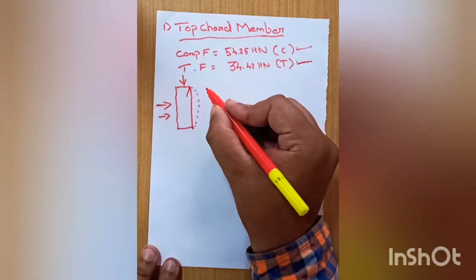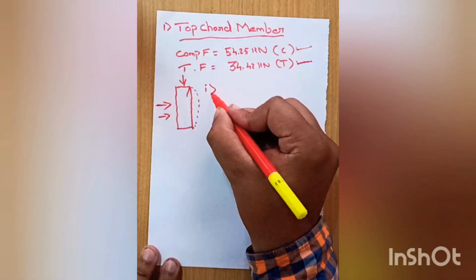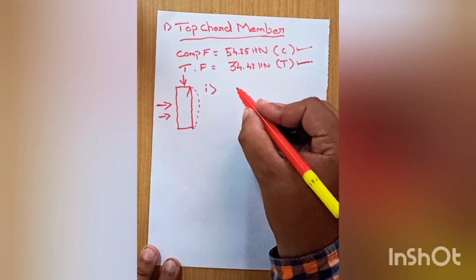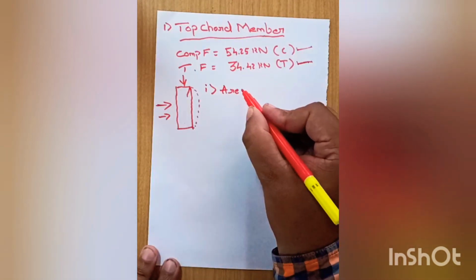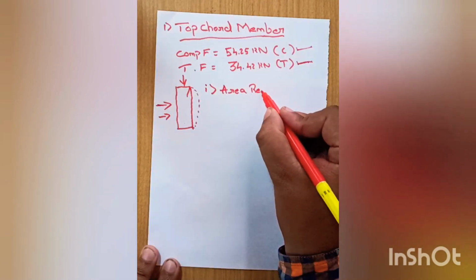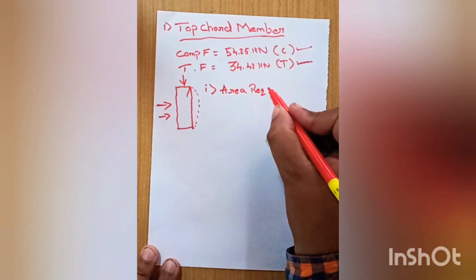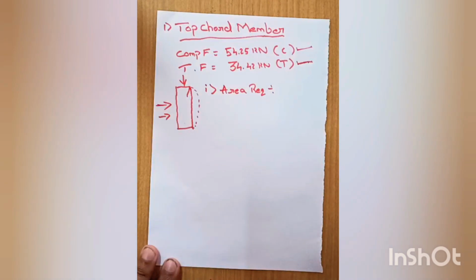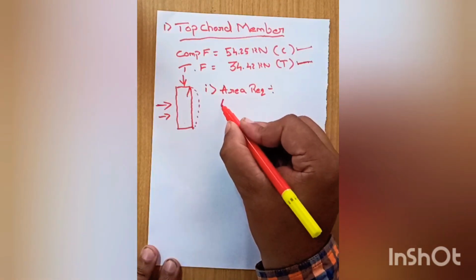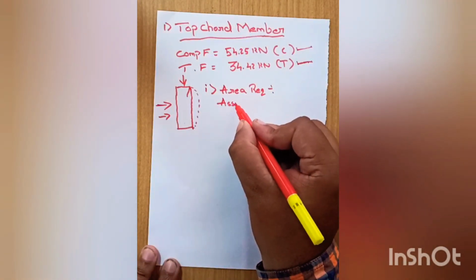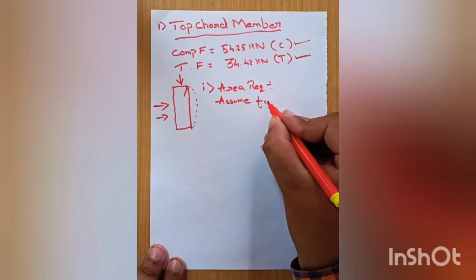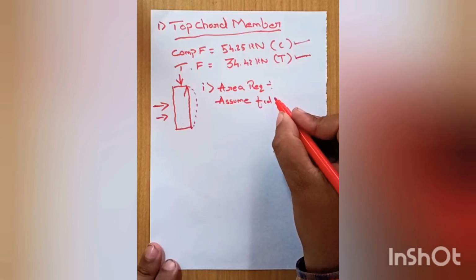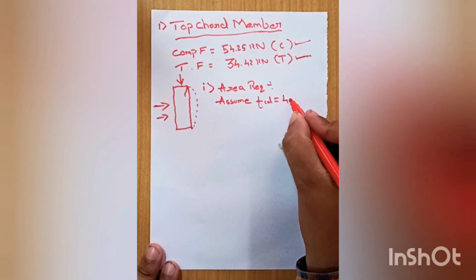So first, let us find the area required to select the section. We are designing it as a compression member now. So let us assume FCD. Since the force is very small, I will assume 40 MPa.